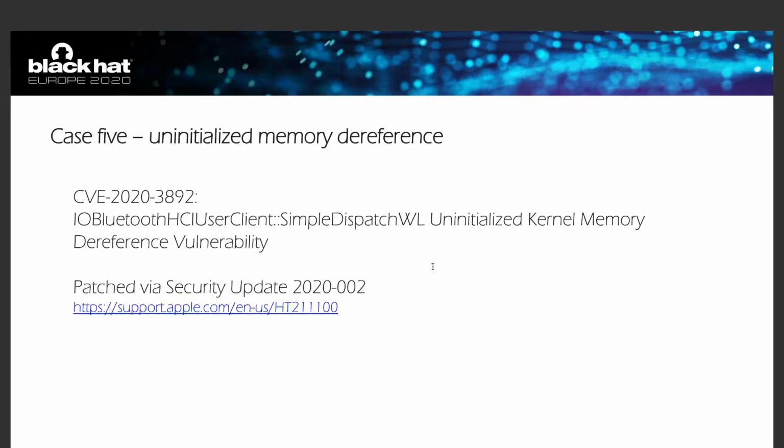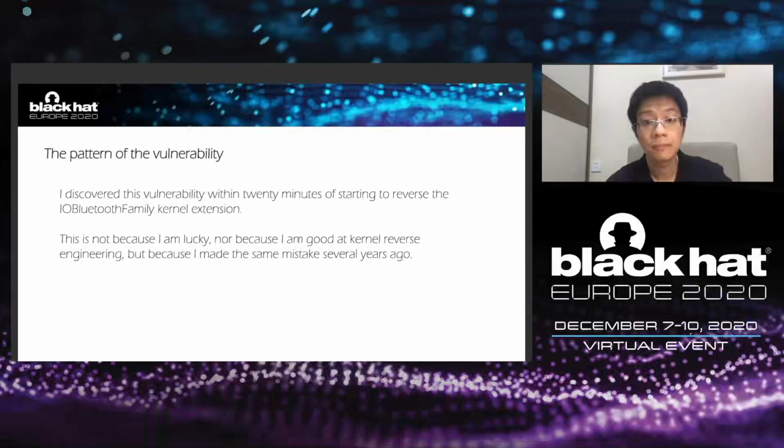Case number 5 is an uninitialized memory dereference vulnerability, which is also the first Bluetooth vulnerability I found. The process of discovering this vulnerability is very interesting.